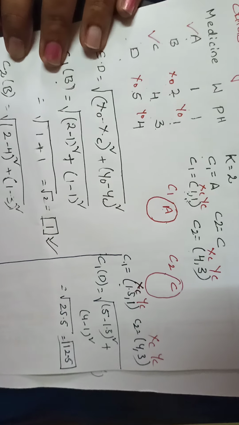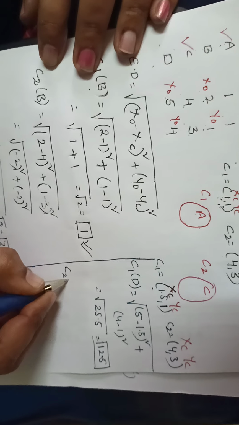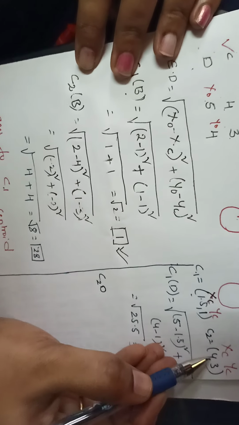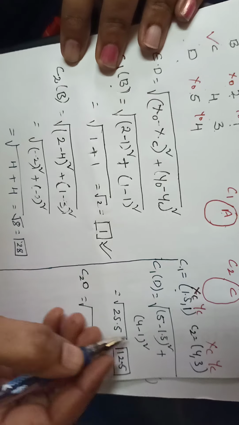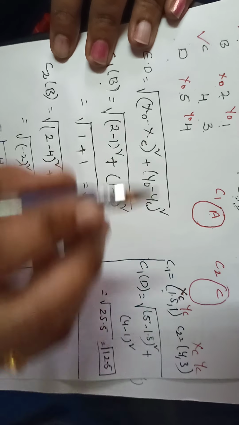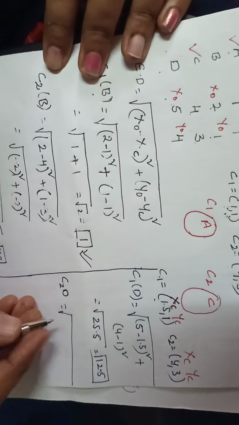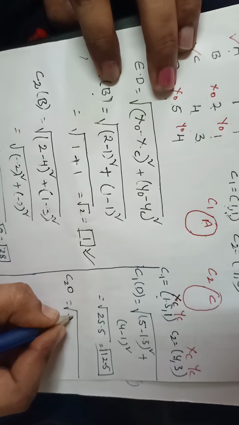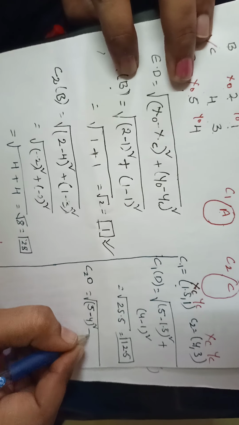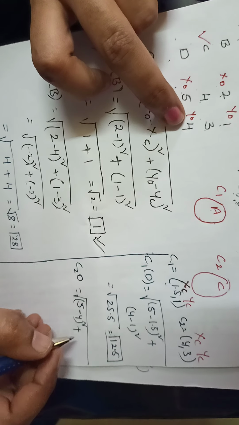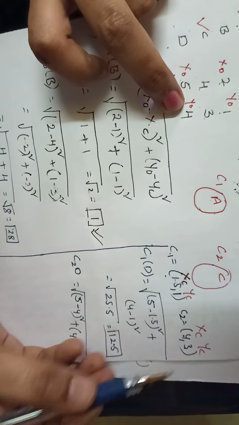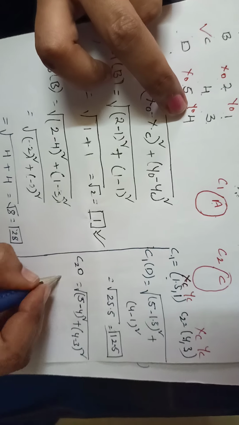Okay. Now we have to calculate it for cluster 2. Cluster 2 values are X centroid value minus X observed, that is 5 minus 4 whole square, plus Y observed 4 minus 3 whole square.